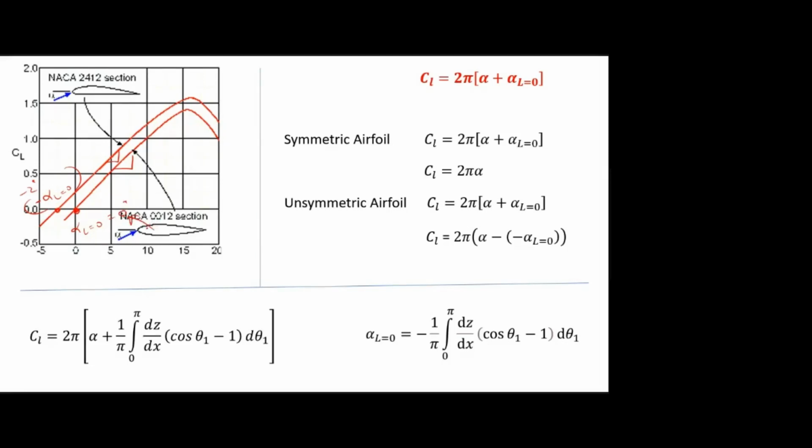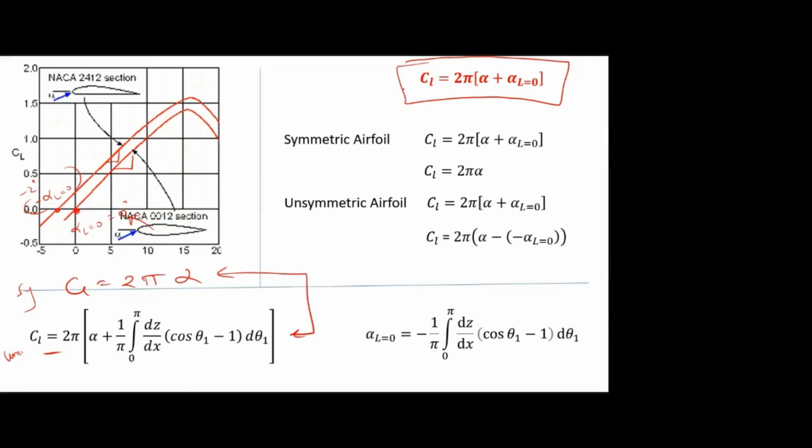Okay, so now we know both CL equations. For symmetrical, it is 2 pi alpha. For unsymmetrical, this is the equation. By comparing these two, they are writing one general equation, which can be used in the calculation and all. That is this one. CL is equal to 2 pi alpha plus alpha L is equal to 0.